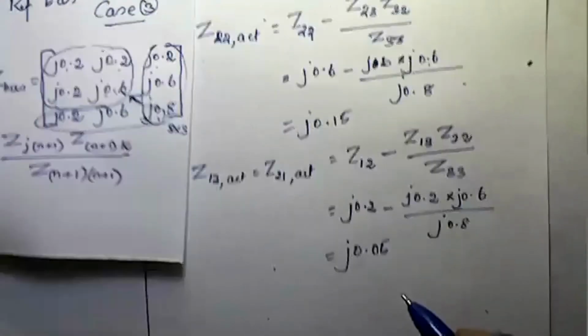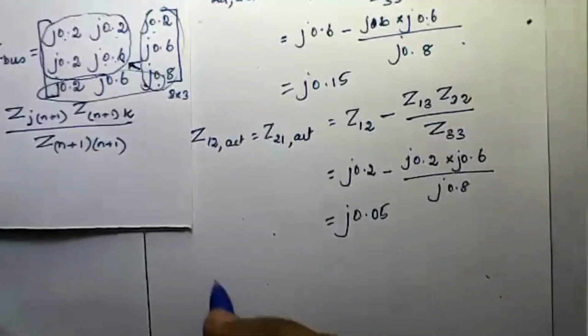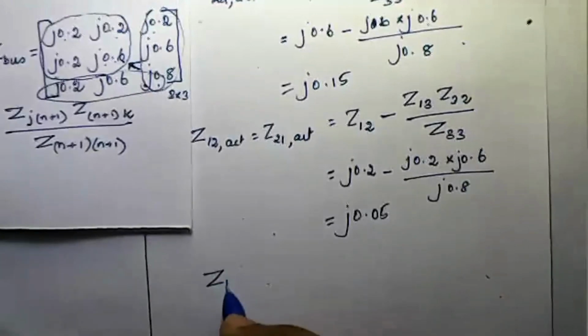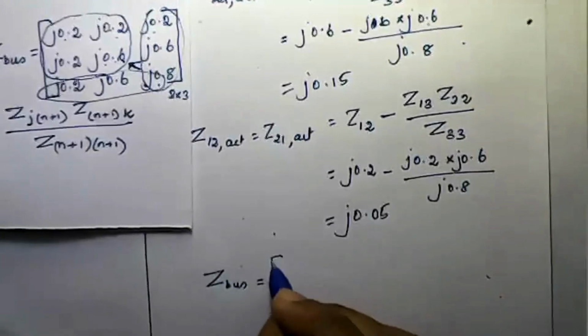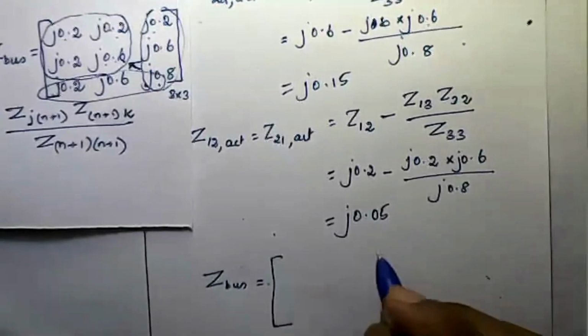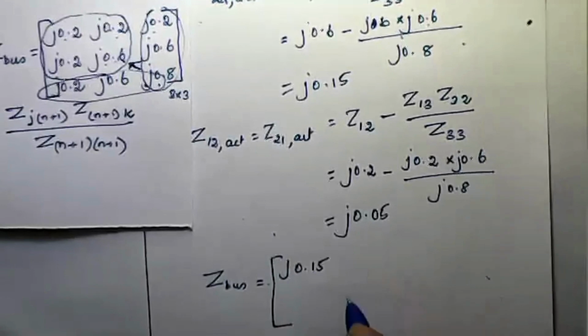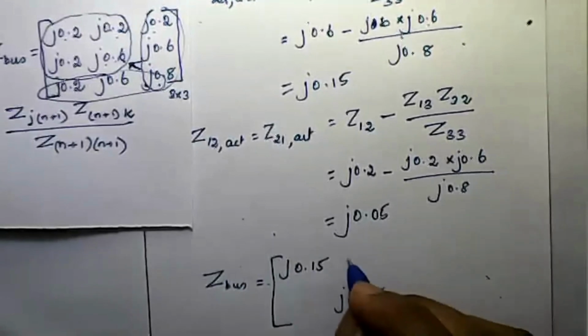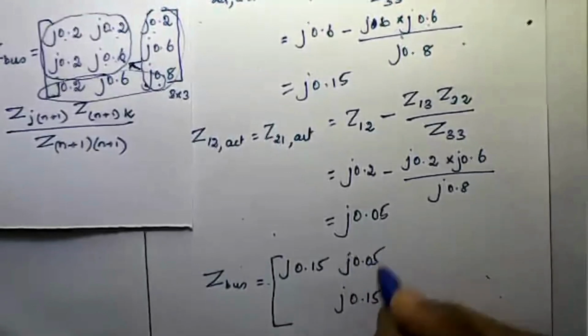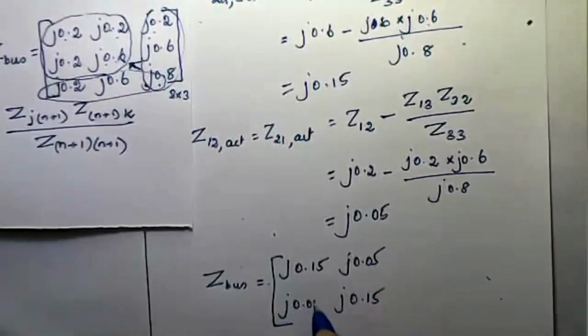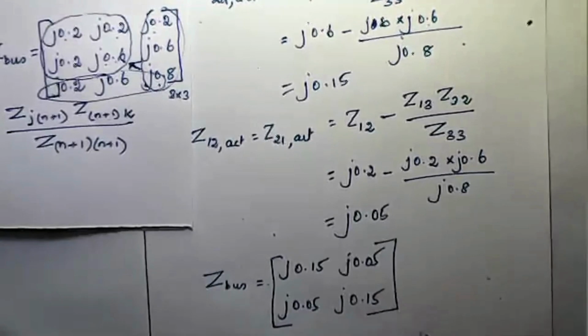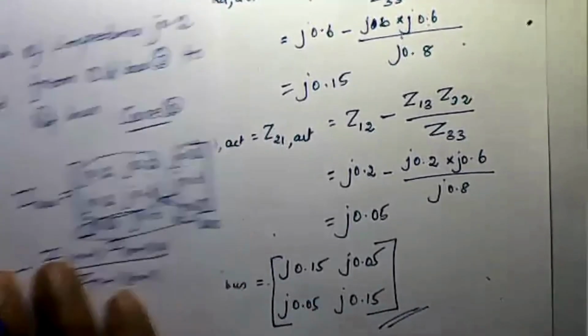Now the values are modified. You get the modified actual bus impedance matrix. Copy all the values: J0.15, J0.15, and the off-diagonal value J0.05, J0.05. This is the actual bus impedance matrix of the system.